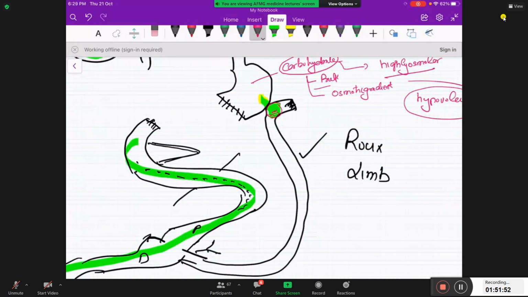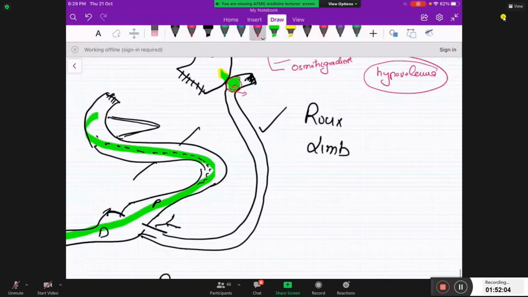The moment it is presented to the jejunum, the jejunum will start absorbing it. So this carbohydrate immediately goes into the cells of the jejunum. The moment the carbohydrate goes into the cellular compartment of the jejunum, there is a sudden surge of insulin, because on the command of carbohydrate, we know insulin is released.